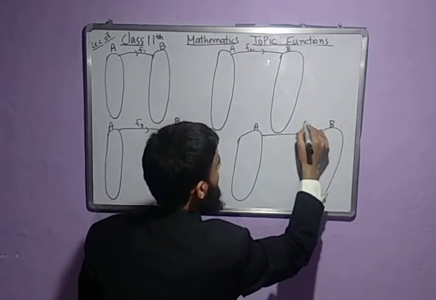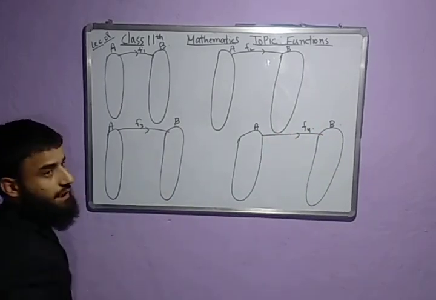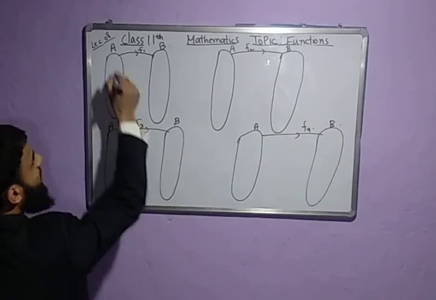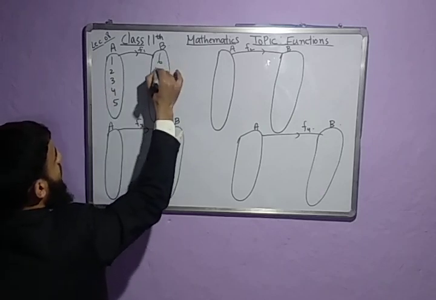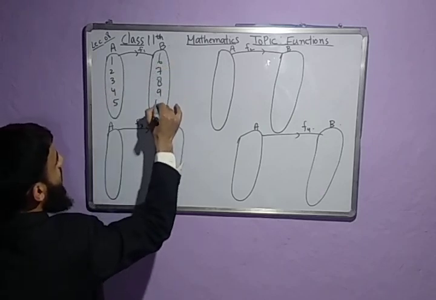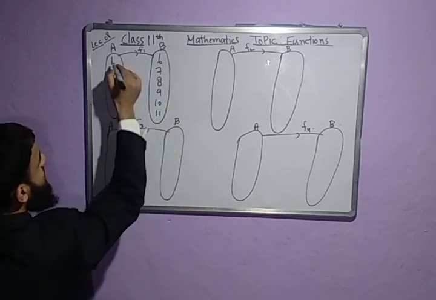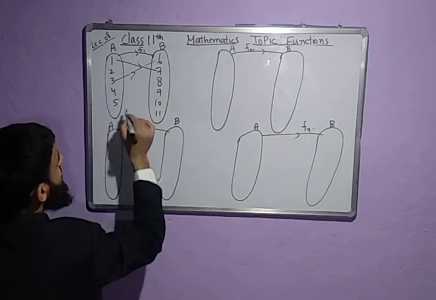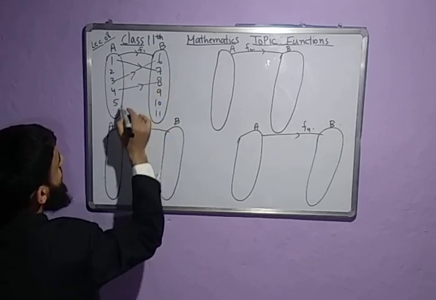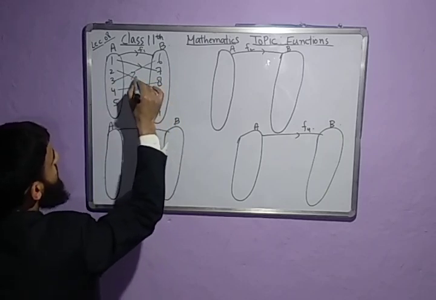I'm writing its name. I'm not sure if it is a function or not. So let's write the elements. Okay, let's suppose 1 is related to 7 and 3 is related to 6, 4 is related to 8 and 2 is related to 9.